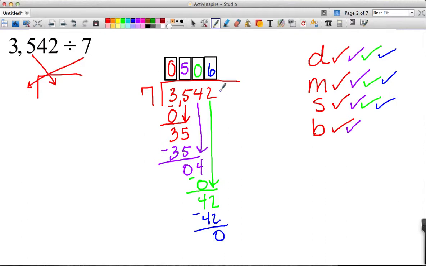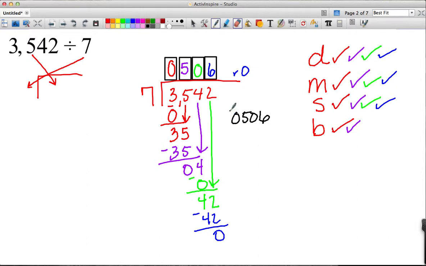Since there are no numbers left to bring down, I don't have to bring down, and I know that I have no remainder. So now I have to look at my numbers. I have 0, 5, 0, 6. We want to represent our number the best way possible. Now every number, whether it's 10 or 1, has zeros in front of it for all the other place values. We just don't draw them.